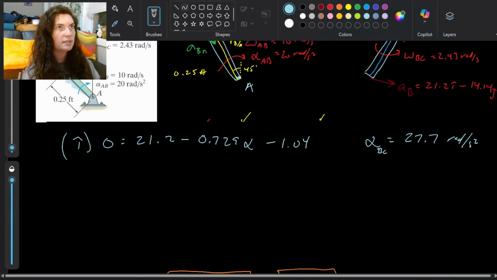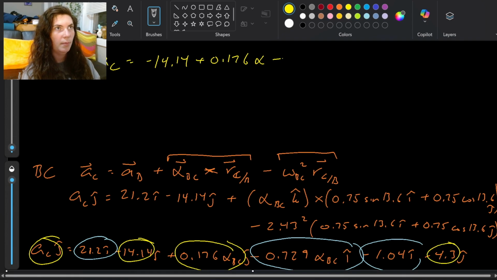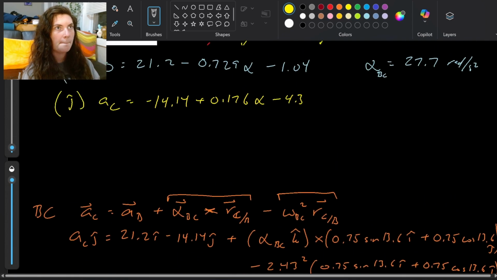And then for my j's, in a different color, j hat, I'm going to get AC. I've got AC equals negative 14.14, I don't need the j's anymore, I'm just taking the coefficients, plus 0.176 alpha, and then minus 0.43.